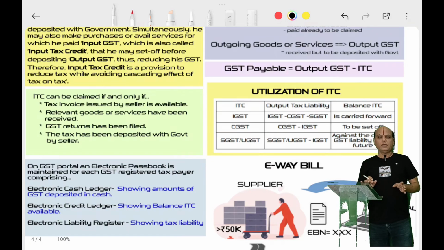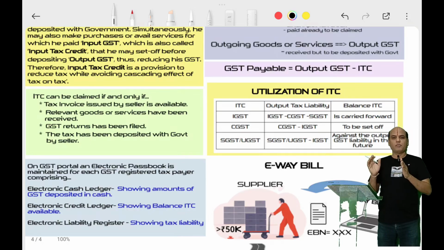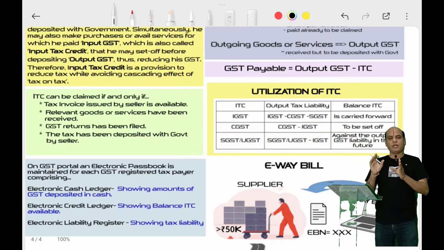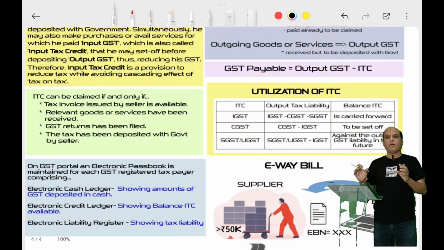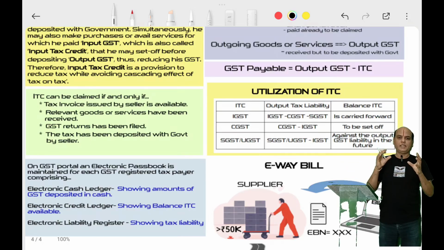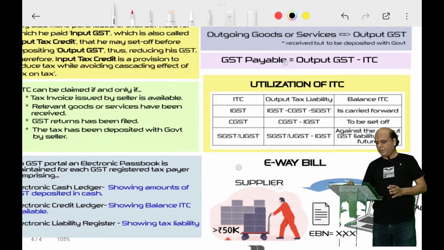Now, whenever we are determining tax liability, we need to balance our input tax credit against our output GST. Then whatever is the tax liability, we pay it to the government bank. How this ITC, input tax credit, is utilized is shown in this table.